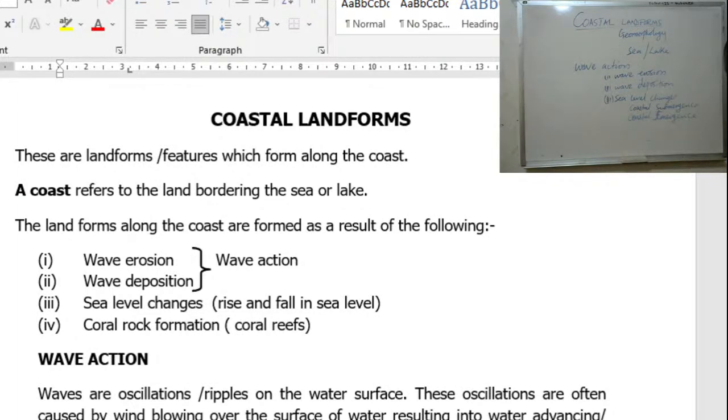Then the other category, number 4. Among the landforms that we find along the coast are those that relate to coral reefs.